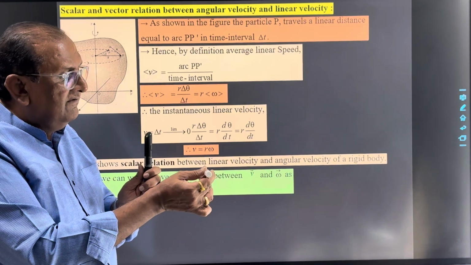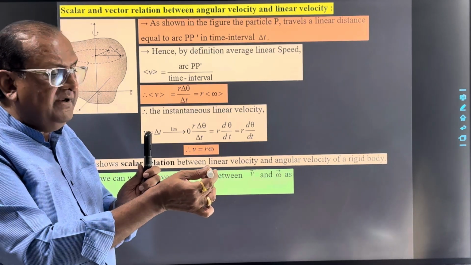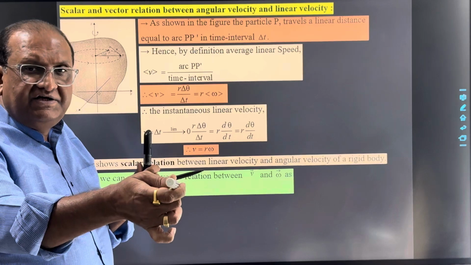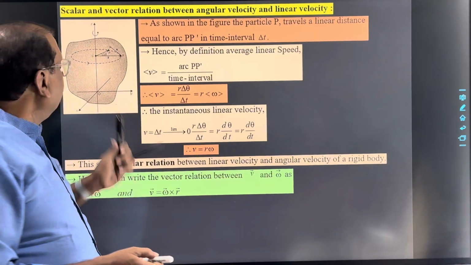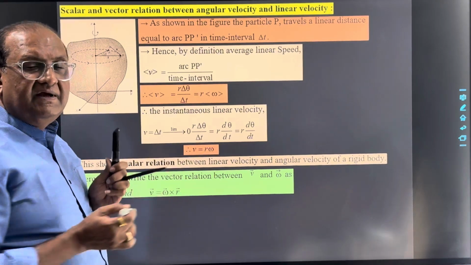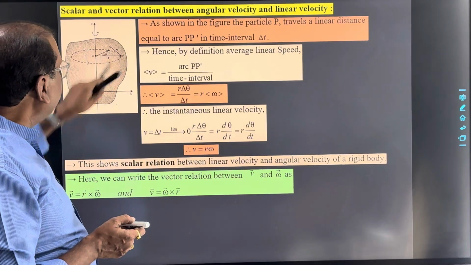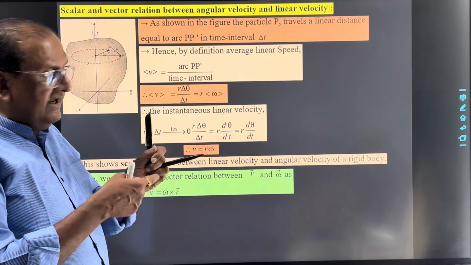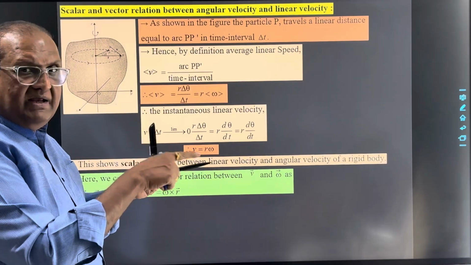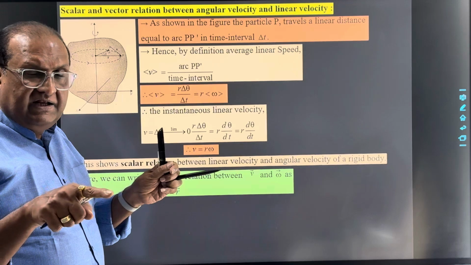So if you place this vector here, then the velocity will be in tangential direction outward. But in our case, the velocity is inside here, tangential. It implies that if you take r cross omega, you are getting the wrong direction.